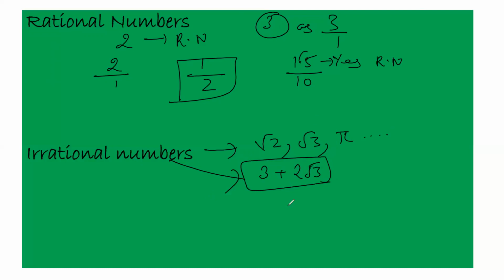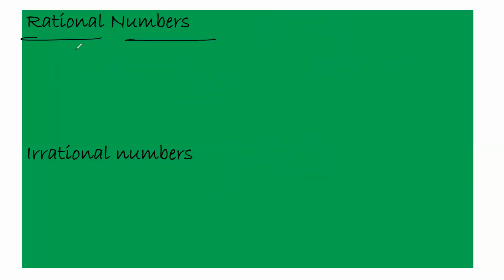Okay, now everyone, see, there is one more thing: rational numbers are those which can be terminating or non-terminating.